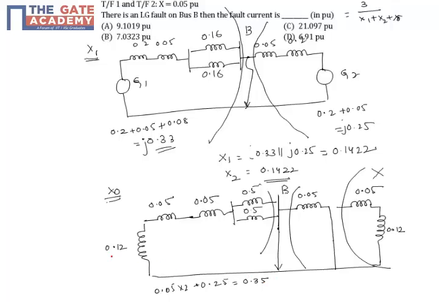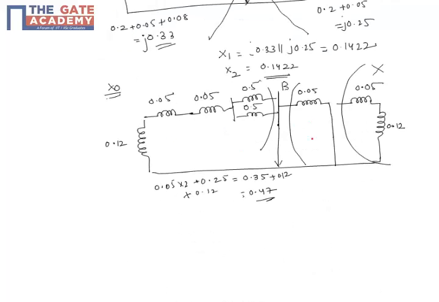Sorry, I think this is also there, so this is plus 0.12. So this is 0.47. So this side is 0.47 and this side is 0.05. So x0 is equal to 0.47 in parallel with 0.05. If you calculate this, you will get 0.0452.